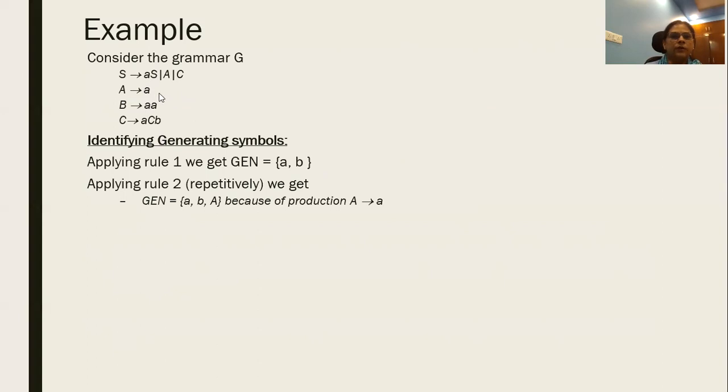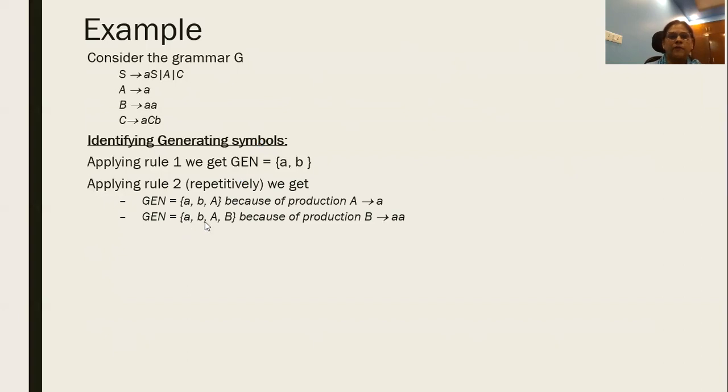Now if we look at this production, B derives AA. All the symbols on the right-hand side of this production are generating. Hence, B is also generating. So we gradually increase the set of generating symbols. We perform a union operation.